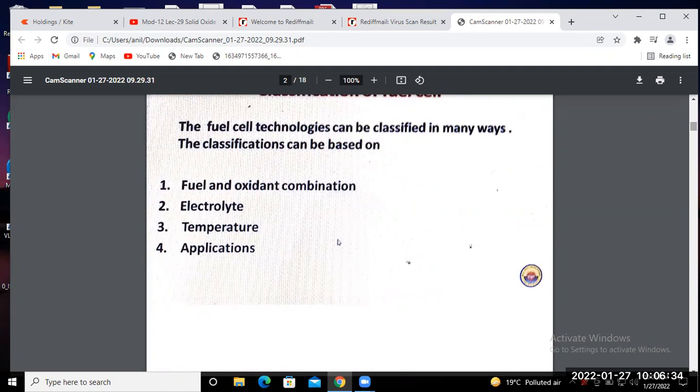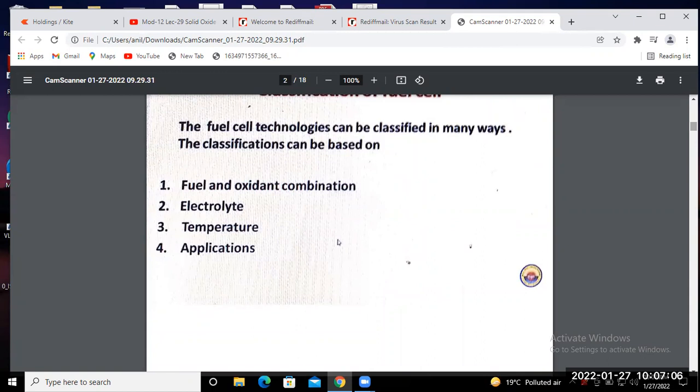So just try to see here. There are four main classifications. Fuel cell technology can be classified in many ways. The classification can be based on various categories, such as the fuel and oxidant combination. Second is electrolyte, third is temperature, and last is the application.